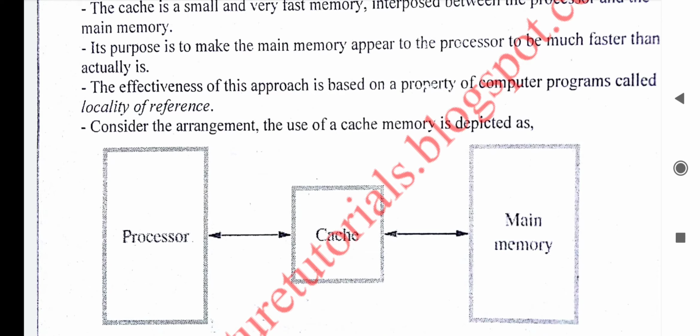Let us take some of the data which we use very frequently. Instead of taking the data every time from the main memory, we place that data into cache memory. When we compare with accessing the data from main memory, a cache memory takes less time because it is very nearby the processor.